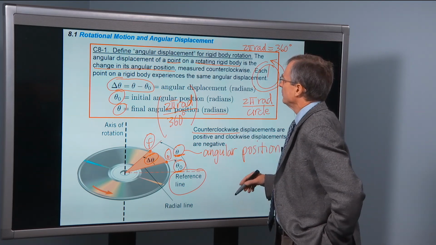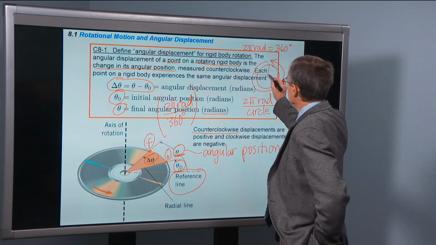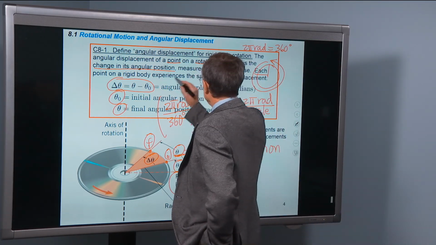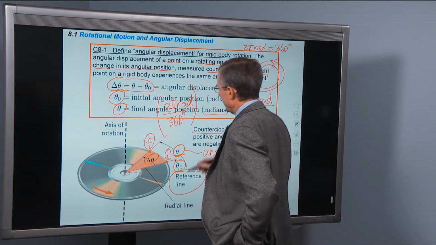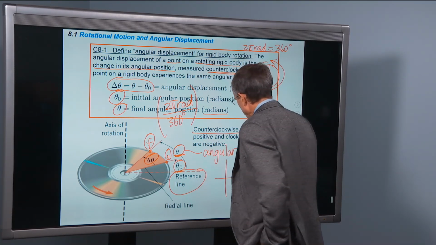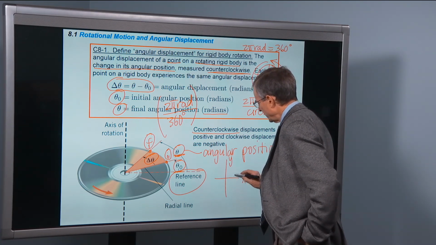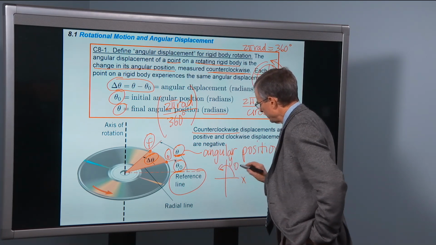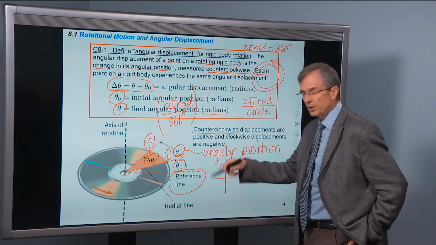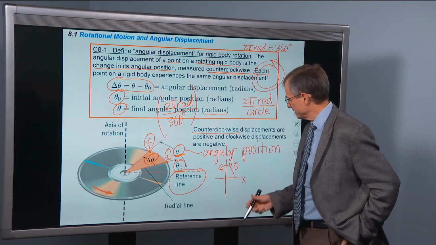Another important point, we talked about measuring theta counterclockwise. So if you think about an x and y axis, normally angles are measured counterclockwise from the x-axis.